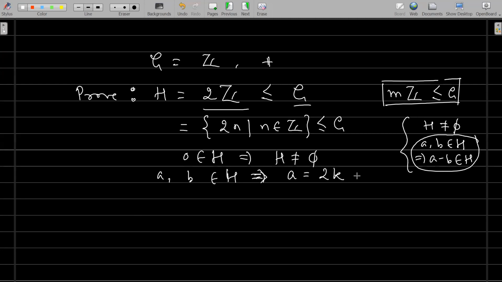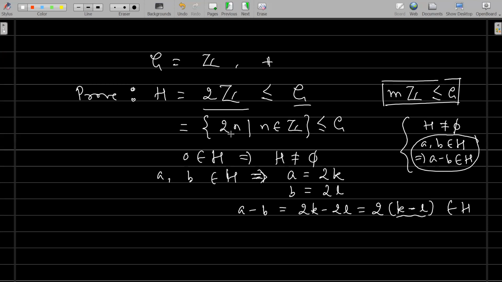Similarly, B will also be 2 times something. But then, if I look at A minus B, that is 2 times K minus 2 times L, which is again 2 times some integer. K minus L is again an integer. So A minus B again belongs to H. Yes, sir. So that means 2Z is a subgroup.